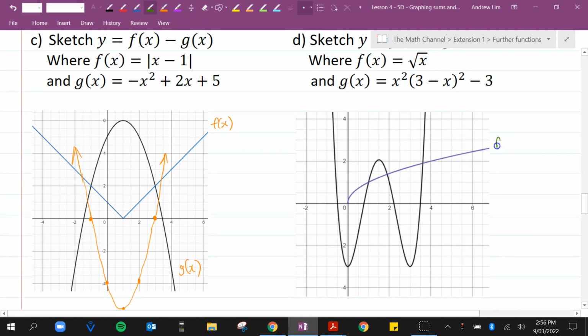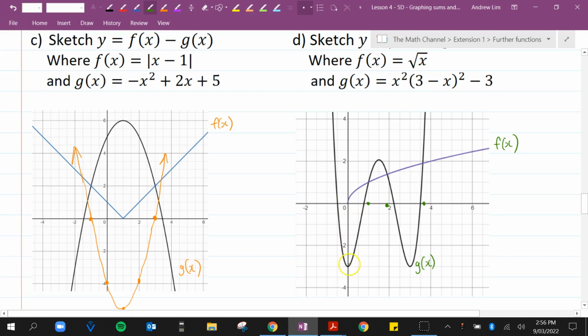Alright, question D, this one's f of x, root x. And this one has to be g of x. So we're doing purple minus black. So intersection points, I'm just going to do all of those ones first. That's a 0. That's a 0. That's a 0. Okay, purple minus black.